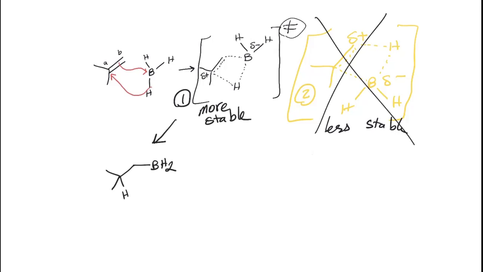And then the other hydrogens of boron also will be replaced with the alkyl groups. And then the next step, we add hydrogen peroxide and H2O.